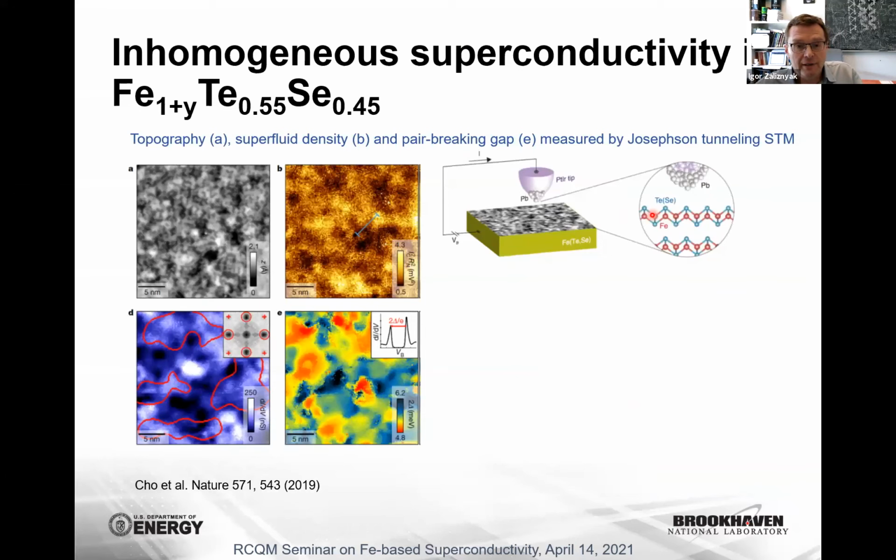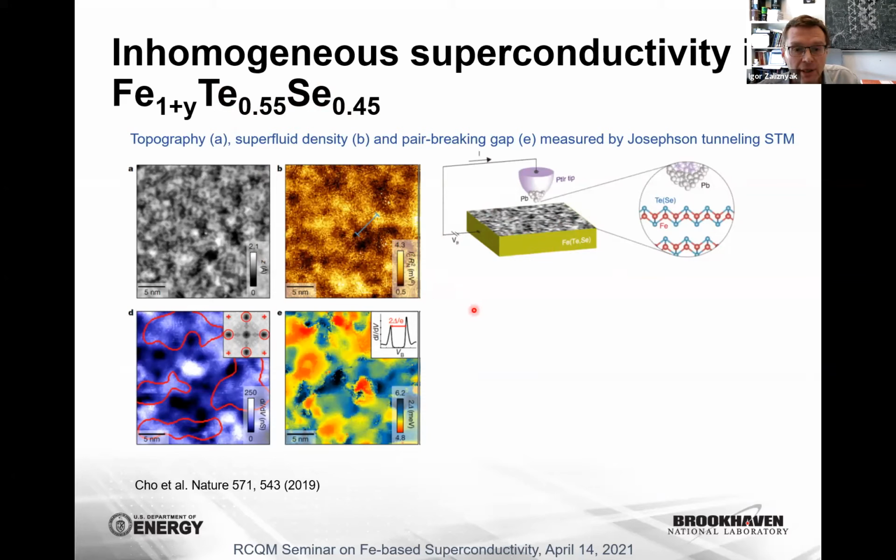Now, approximately at the same time, a report appeared, again by Josephson STM measurement of this iron tellurium selenide material with tellurium selenium composition of 0.55, 0.45, showing that the superconductivity itself is strongly inhomogeneous in this material.